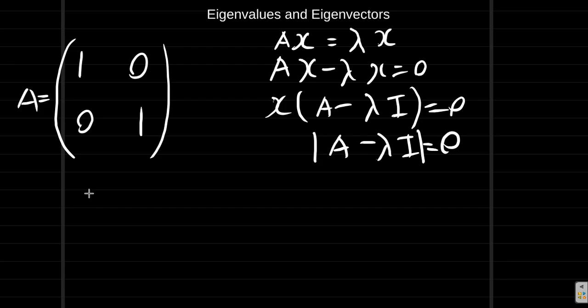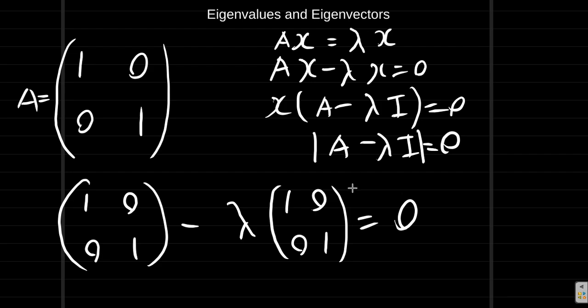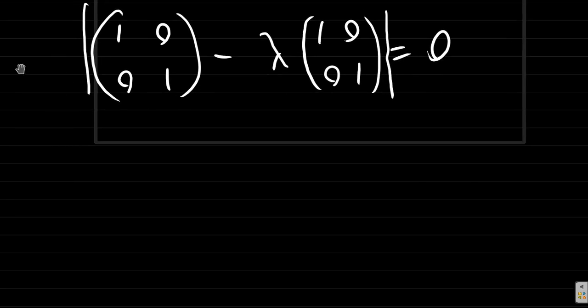So here now, A, [1 0; 0 1] minus lambda times I, which is [1 0; 0 1], is equal to 0. But also, the determinant of that matrix is equal to 0.